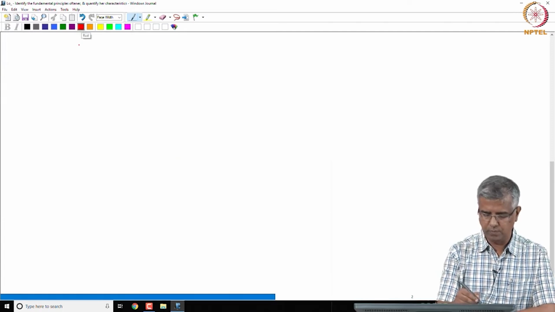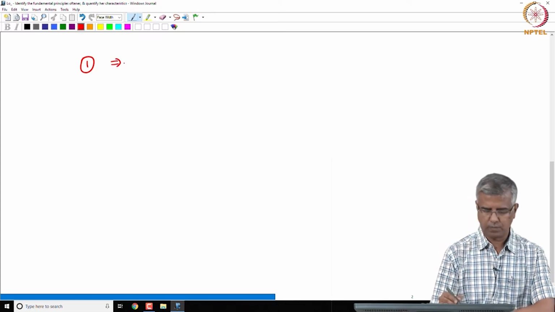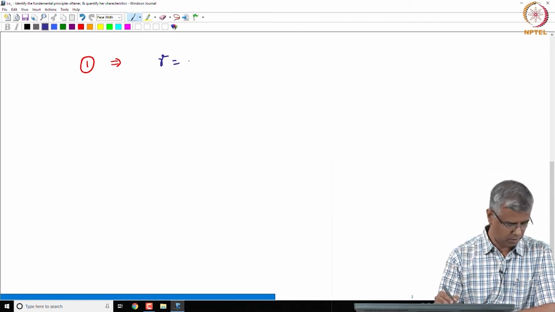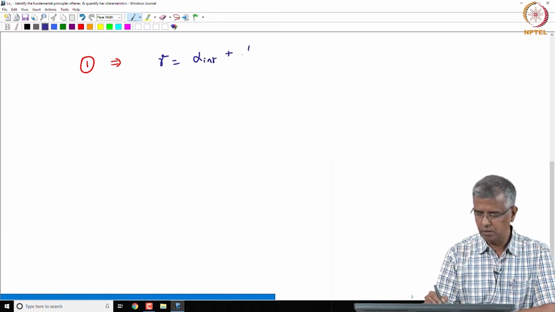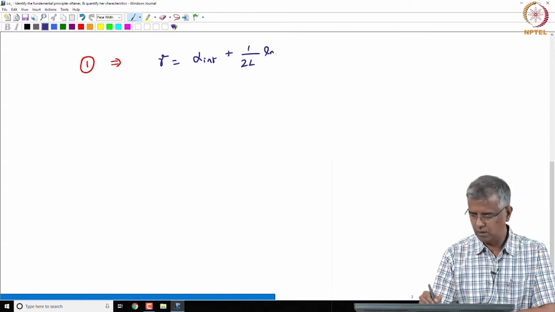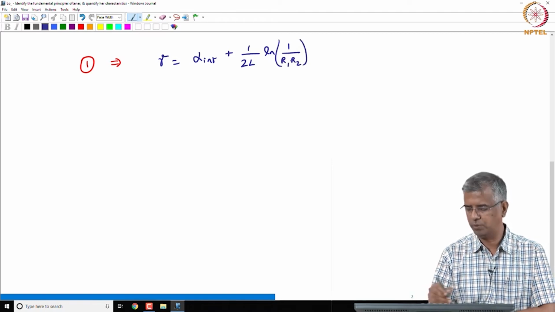Equation 1 provides, if you just rearrange the terms, gamma is going to be equal to alpha int plus 1 over 2l ln of 1 over r1 r2.